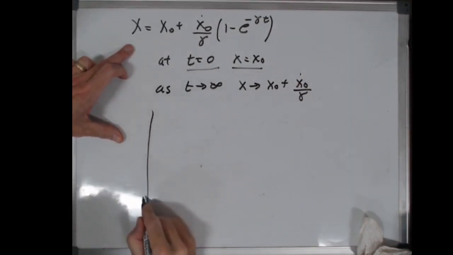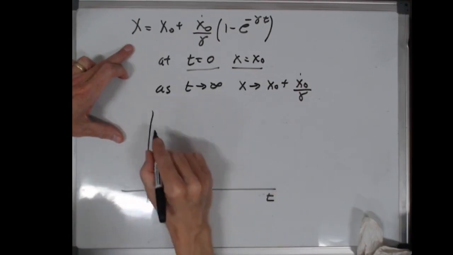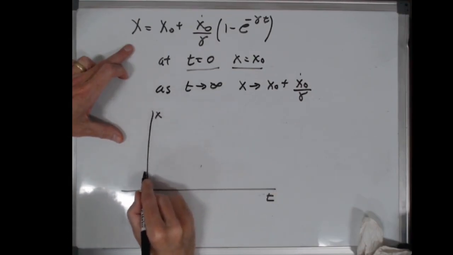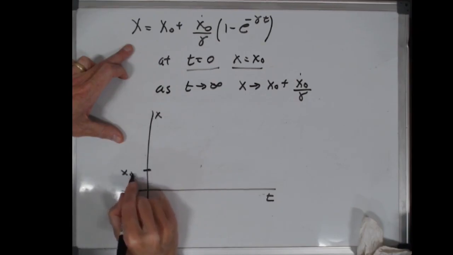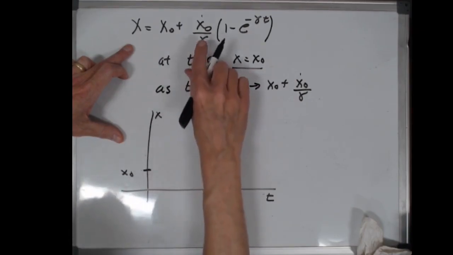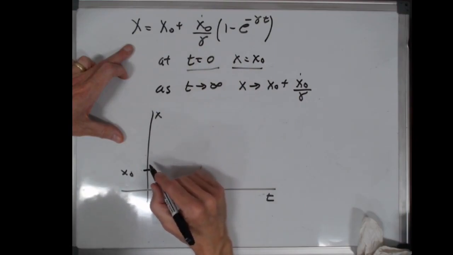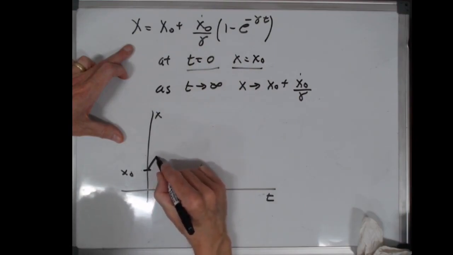And so if you were to draw a graph of time and position here, and call this your x naught, this is where it starts. If your x naught dot is positive and gamma is positive, it's going to look something like this.